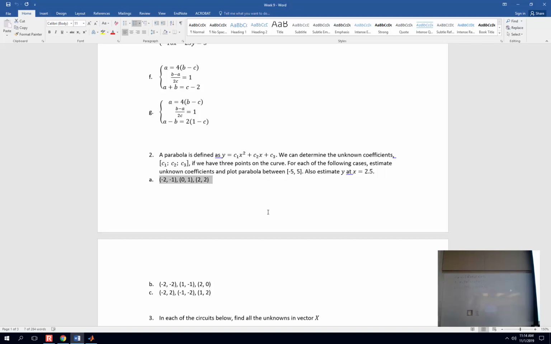There is an easier way also to do this. What are all my x values? All together: negative 2, 0, 2.